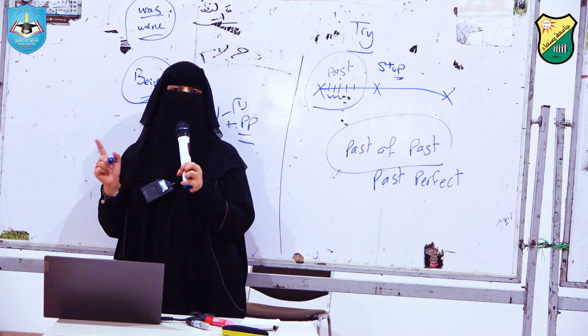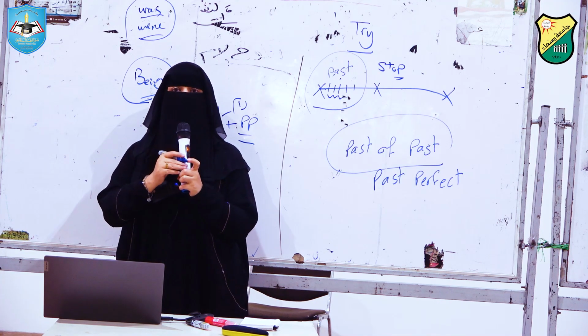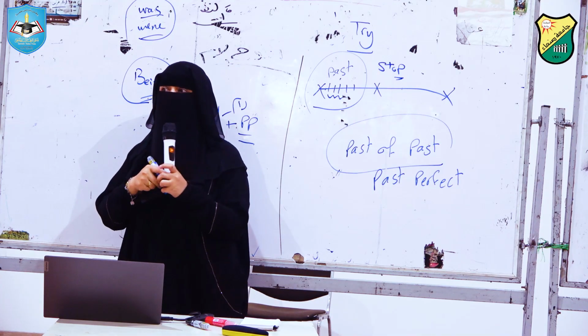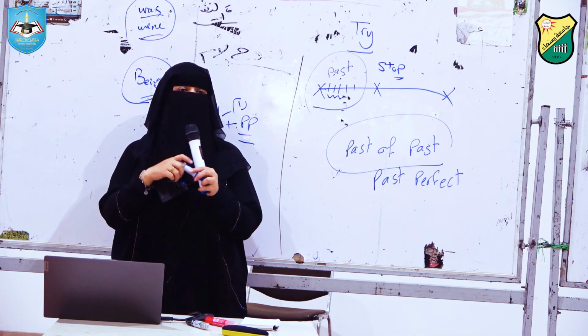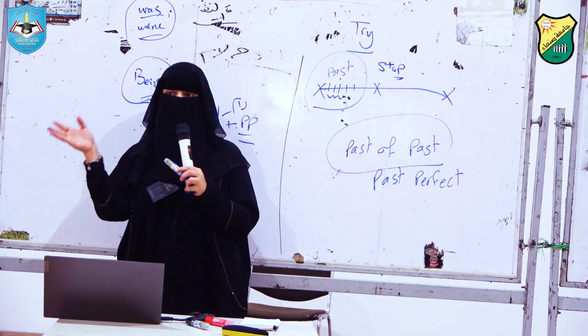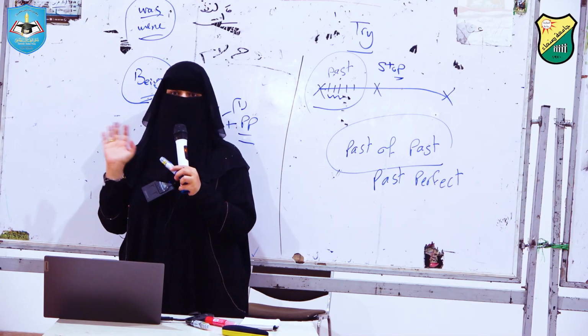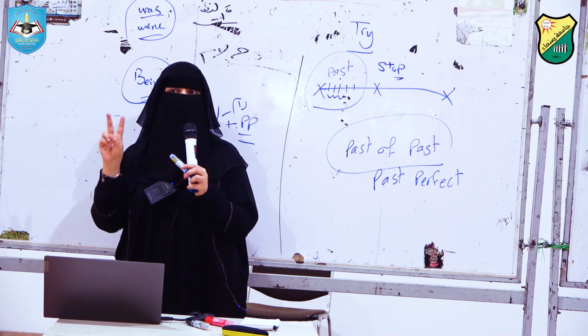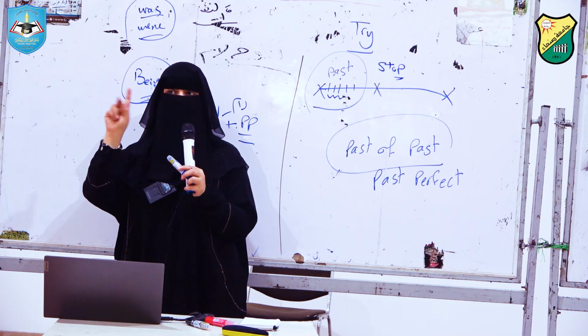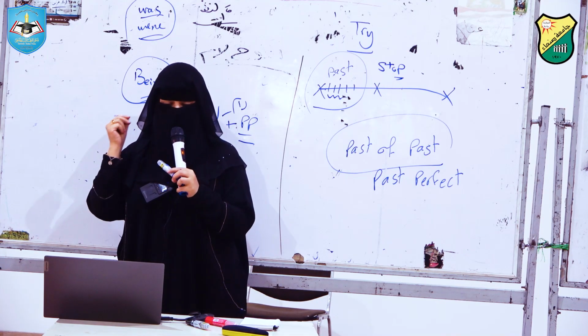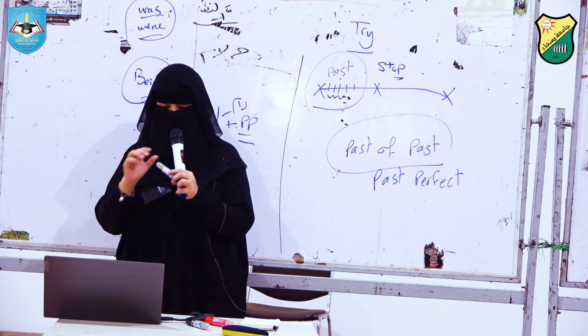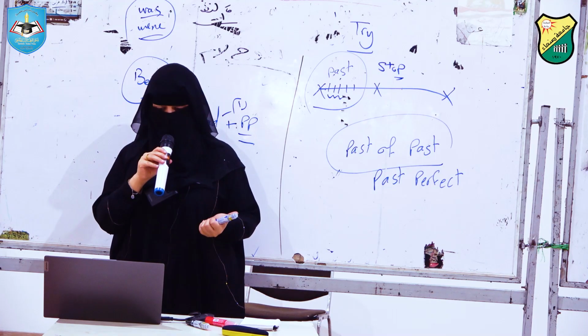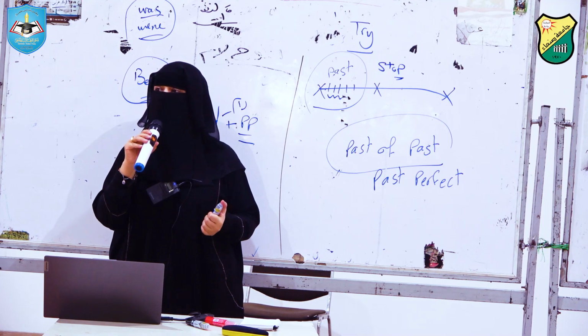Which action is number 1? Had gone. When she arrived, he was not there. Paul wasn't there. So now there are two past actions, one of them is before the other. Look at the sentence. When Sarah arrived at the party, Paul had already gone.